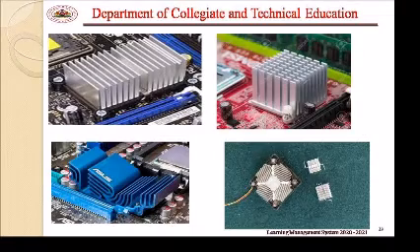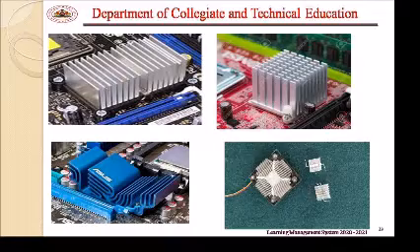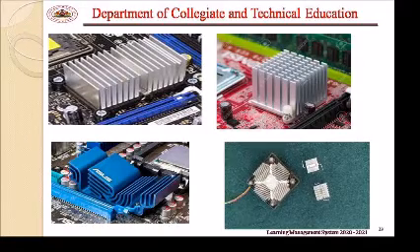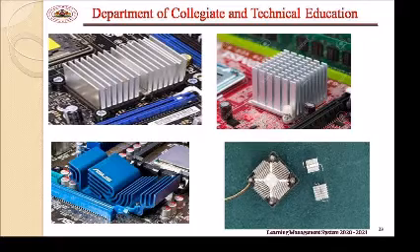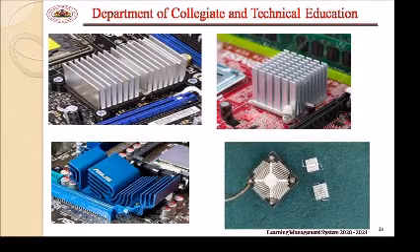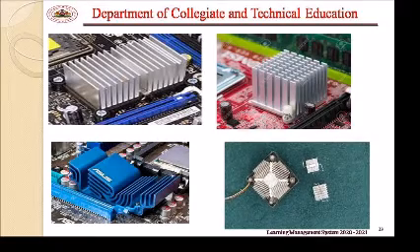The heat sink is made up of metals such as zinc or copper alloy, and it is attached to the processor with a thermal material that draws the heat away from the processor towards the heat sink.